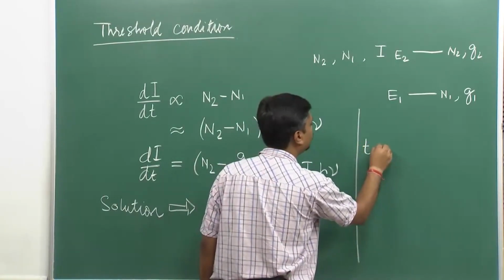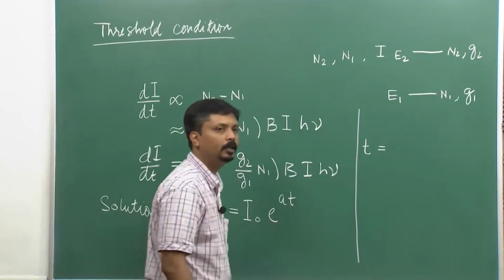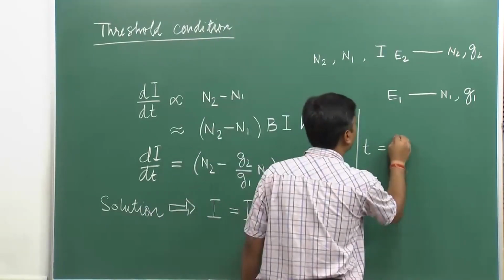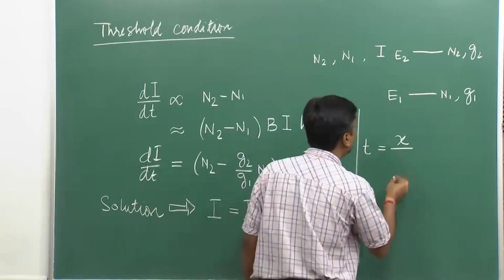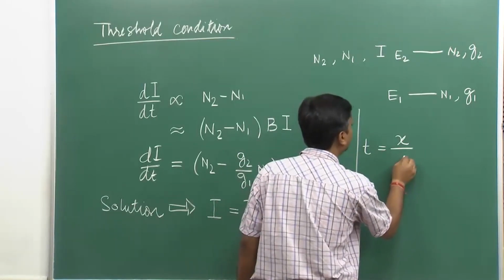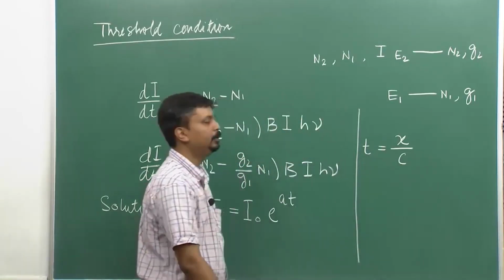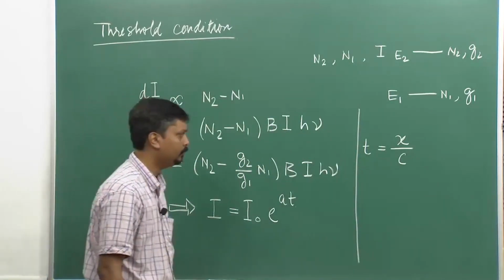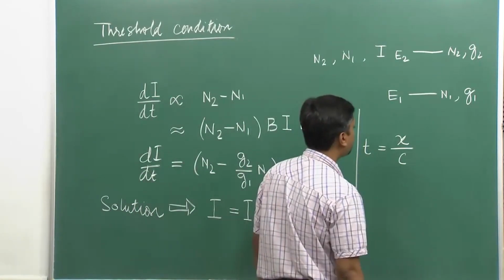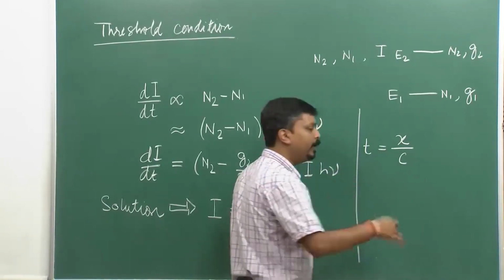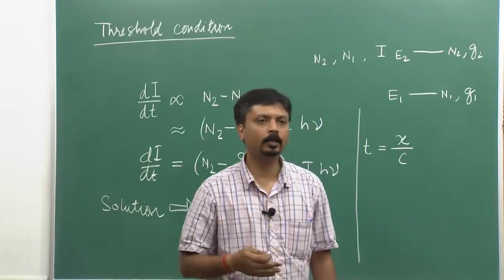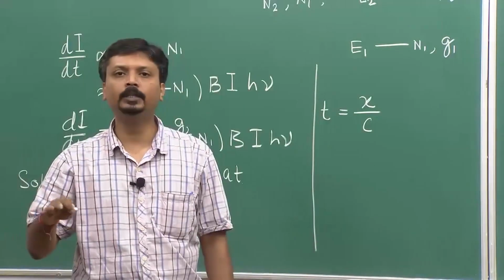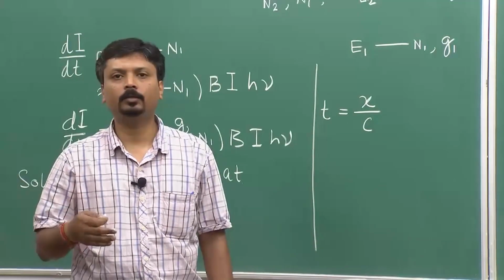So, t is equal to x, where x is my distance, divided by the speed of light. In real systems, we may encounter a medium which is different from, say, vacuum.